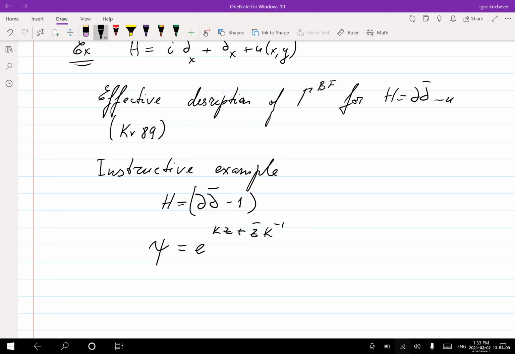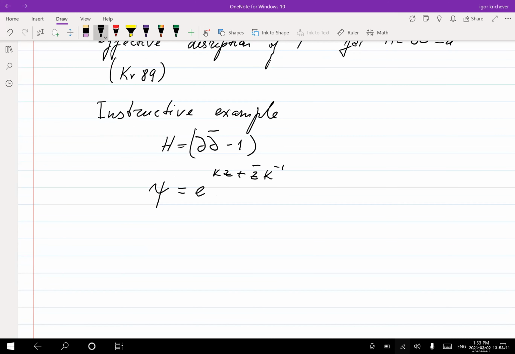You just plug in, you see. And the corresponding Bloch multipliers, W1 equals e to the k plus k inverse, and W2 is, no, sorry, W2 is e to the i k minus 1 over k.